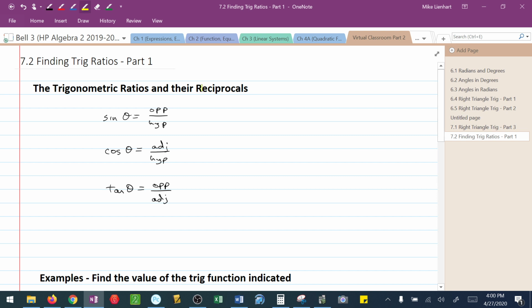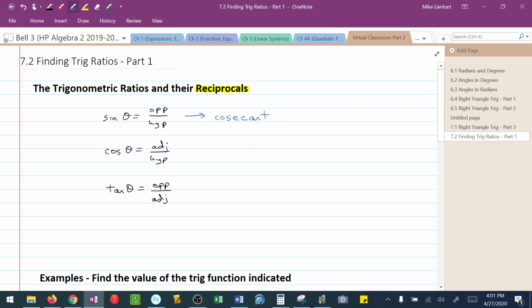Now, what we're going to introduce right now is what is called the reciprocal trigonometric functions. They match up with these three originals, but they're built off of them, or they're reciprocals. Involving the sine, its reciprocal is a function known as cosecant, abbreviated CSC.